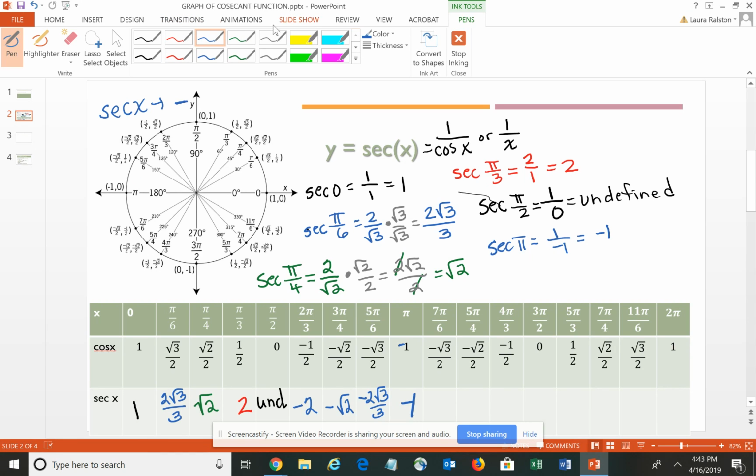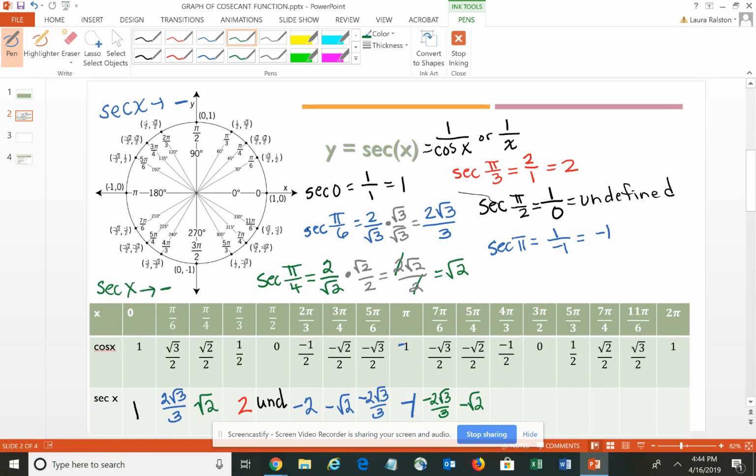Continuing into the third quadrant. In the third quadrant, our cosine is also negative, which means the secant will be negative in the third quadrant. So at 7 pi 6, I have -2 square root 3 over 3. At 5 pi 4ths, I have negative square root 2.